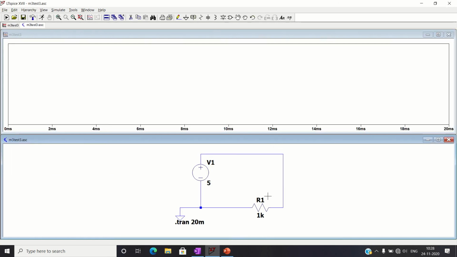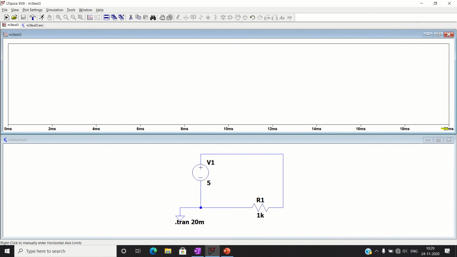Now there are two windows. The bottom side is the schematic, the top side is the waveform window. You can see here the time from 0 millisecond to 20 millisecond. This shows you the timing.